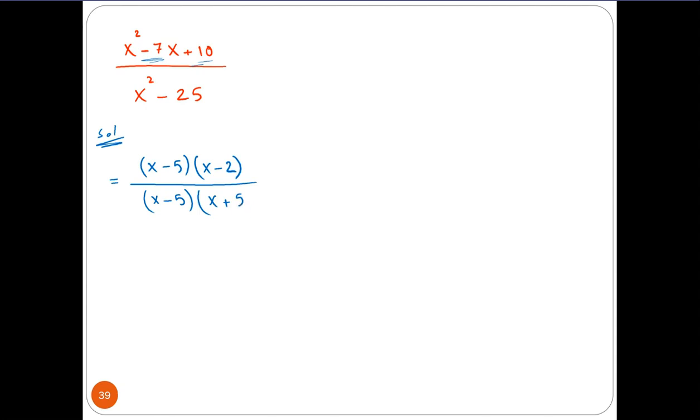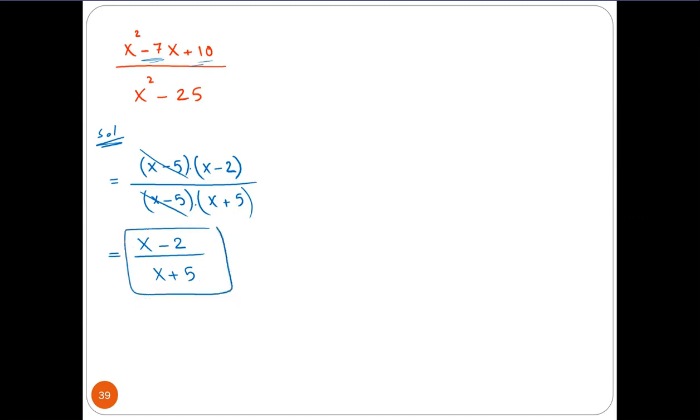Here we have two brackets, in the numerator and denominator, that are the same, each multiplied by another bracket. Notice the condition: the same bracket is repeated, the bracket on top is multiplied by its neighbor, and the one at the bottom as well. So x minus 5 with x minus 5 cancel, and we have the final result x minus 2 over x plus 5. This is the final result.